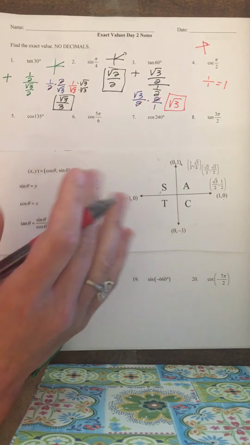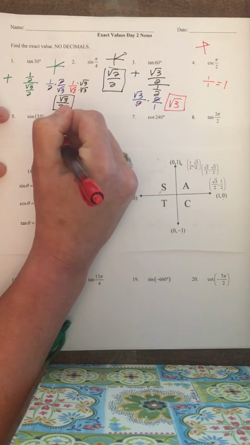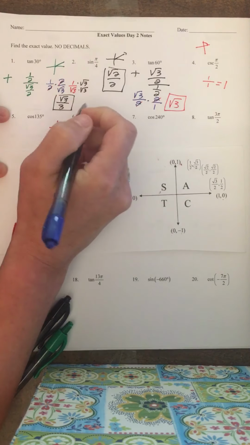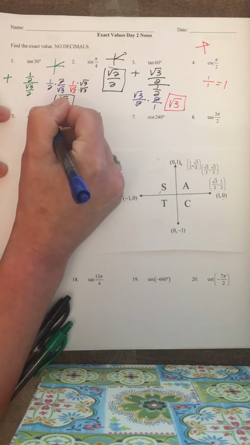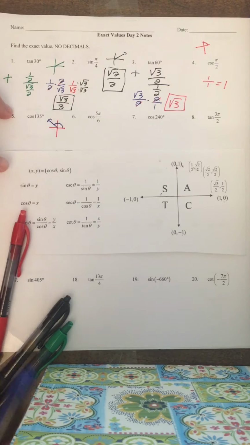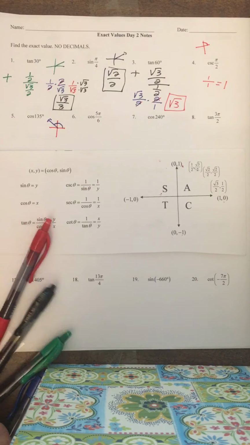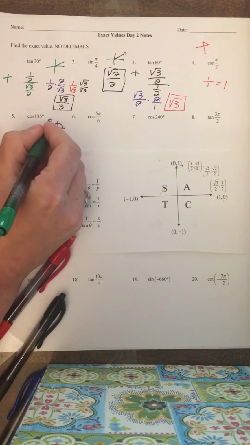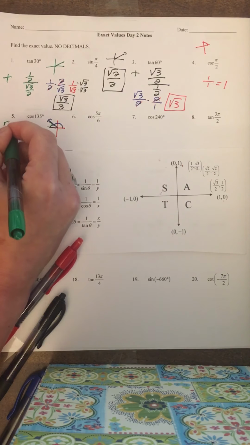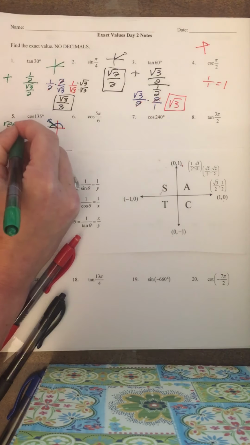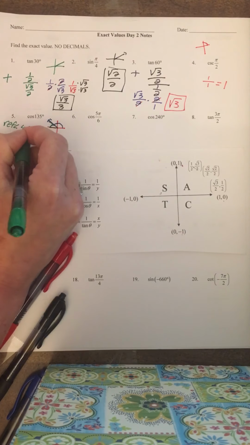Okay, cosine of 135. So if we were to graph this, we would rotate 90 degrees and then another 45 degrees to get us to 135 degrees. Remember, this is our reference angle formed by the terminal side and our x-axis. So our reference angle is 45 degrees.